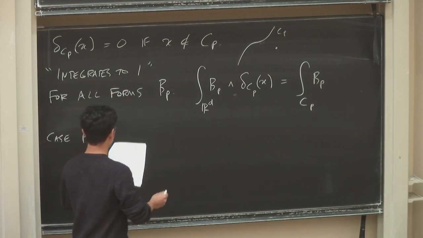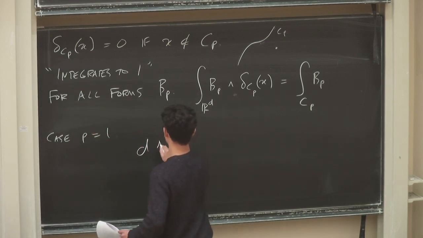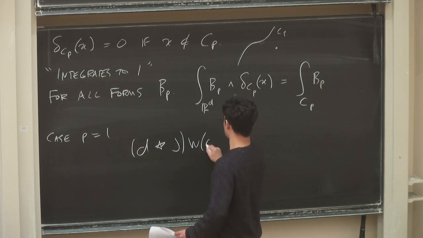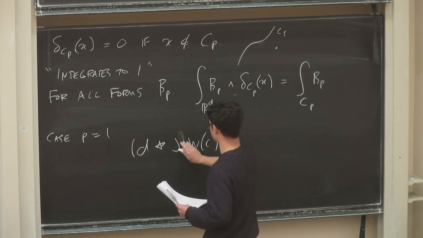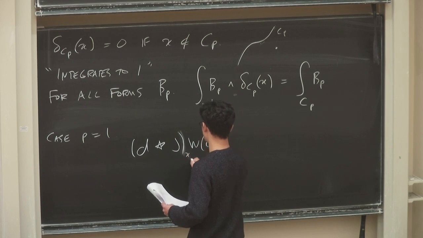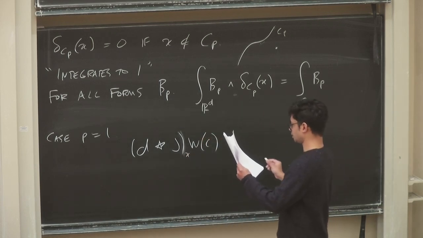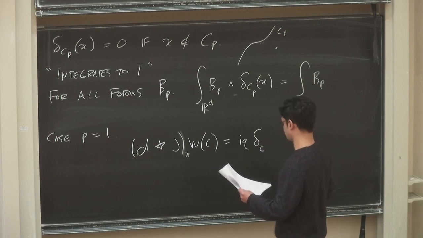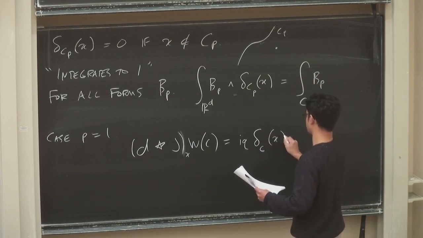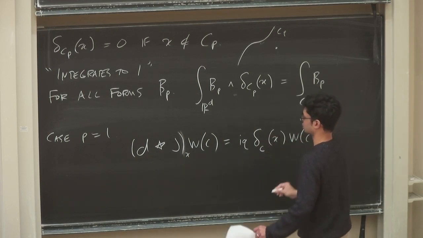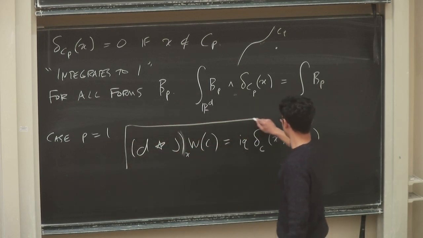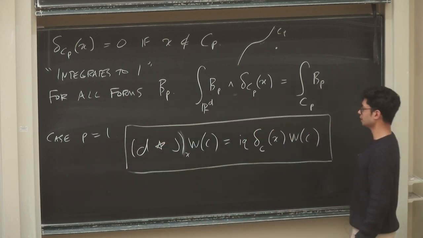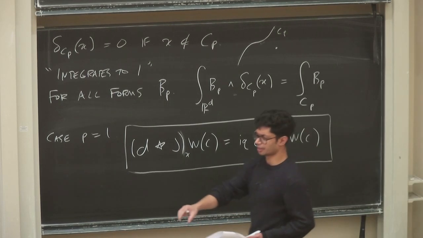And I can now write down this conservation law in a nice way. d star j in the presence of W_C, so this is d star j at the point x, is equal to i times q times delta C of x times W of C. Okay? So this is the Ward identity for, sorry, I'm a little bit unhappy with the way I wrote this.